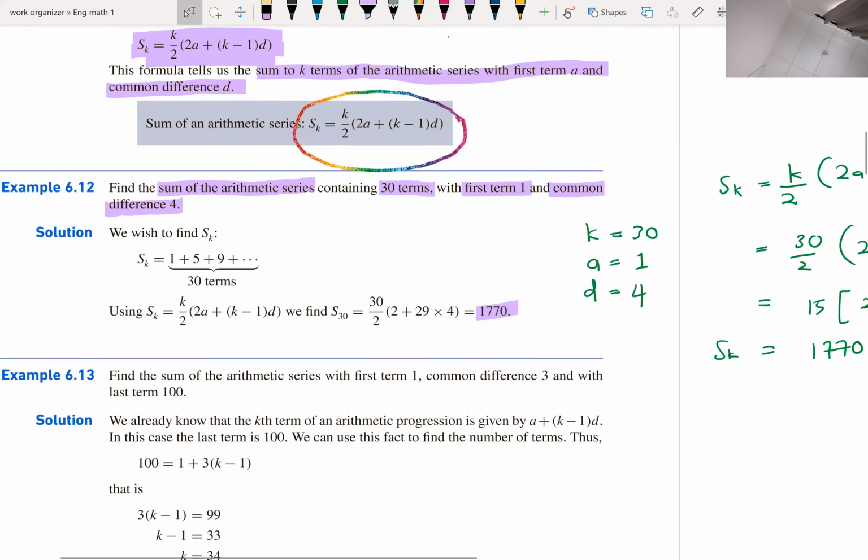If we look back up here, where is the last term? Here, this is the last term, isn't it?